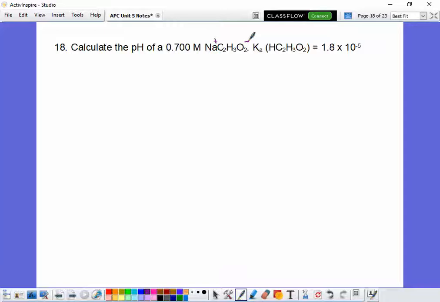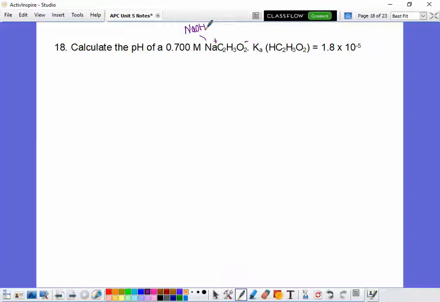Will either of those ions hydrolyze with water? Na will not, because Na really comes from NaOH. That was the base that provided the Na plus for this salt. The base in the acid-base reaction was NaOH, which is a strong base, so we can ignore the sodium.